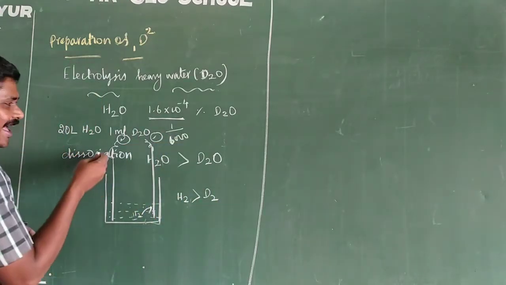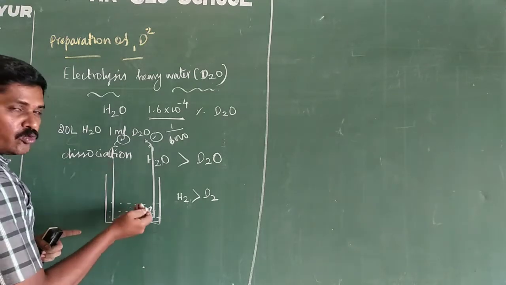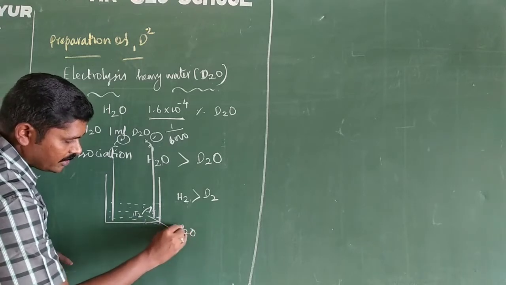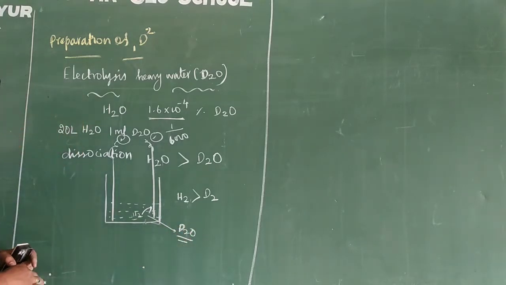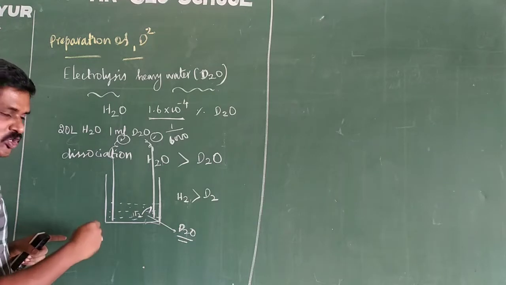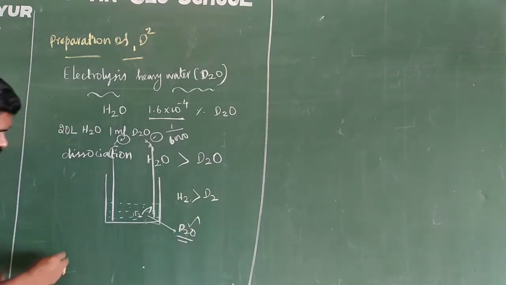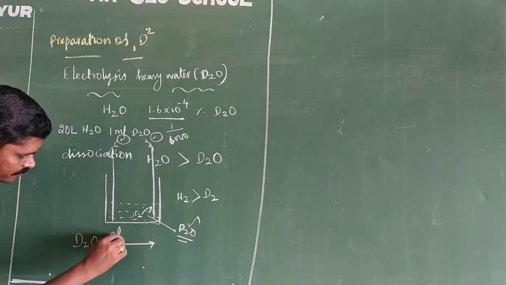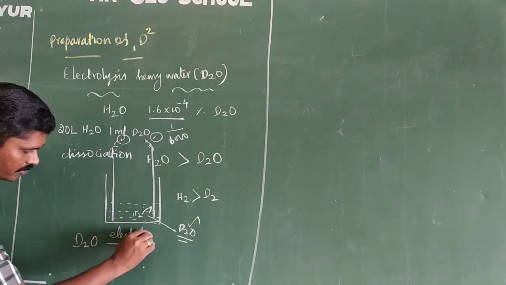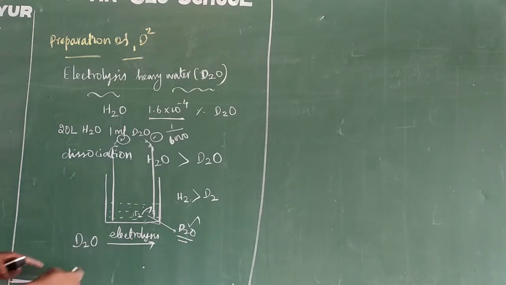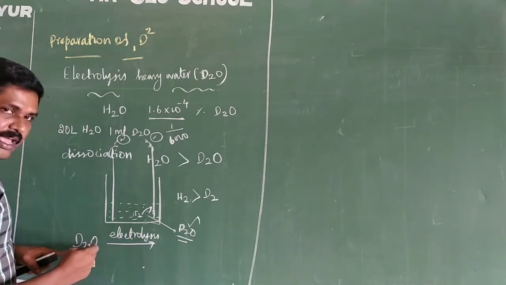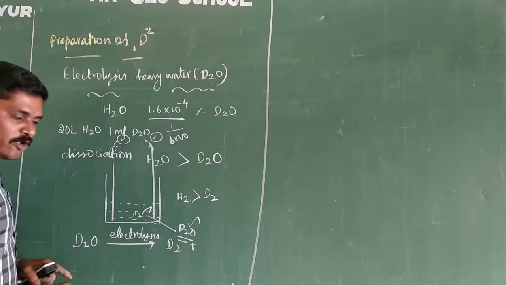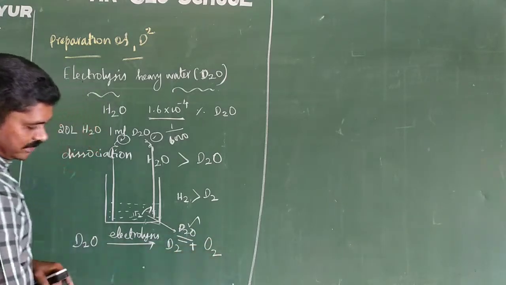Right? So the electrolysis continues to reach an enriched amount of D2O. Then the further electrolysis of D2O, heavy water, gives deuterium and oxygen.